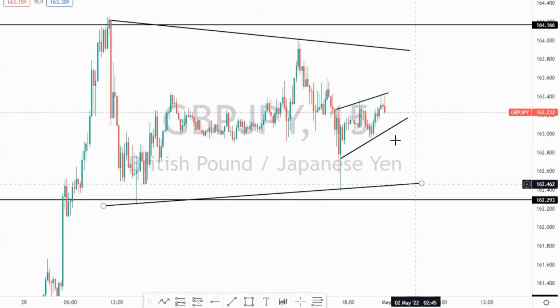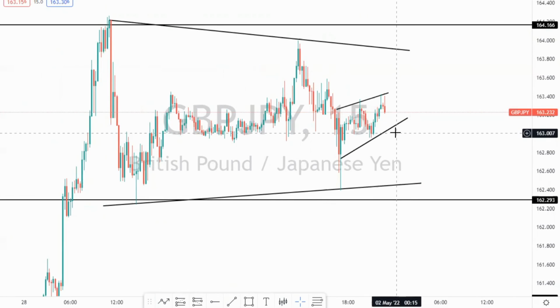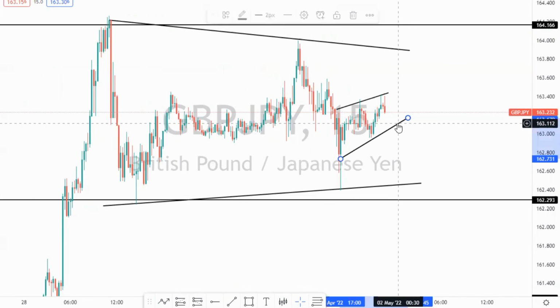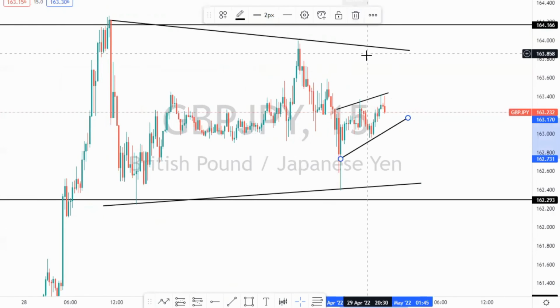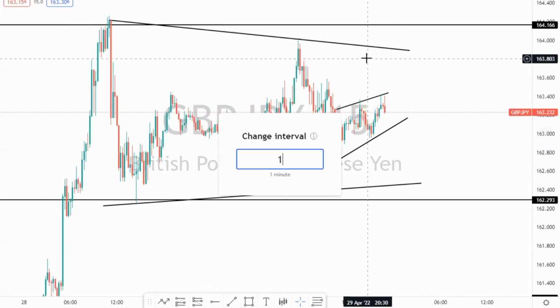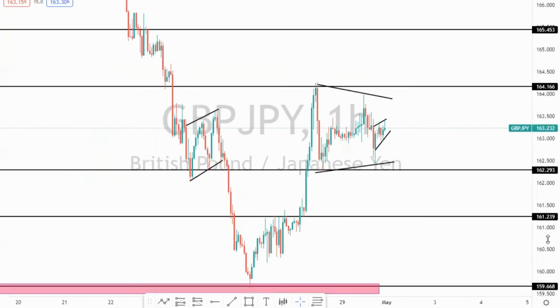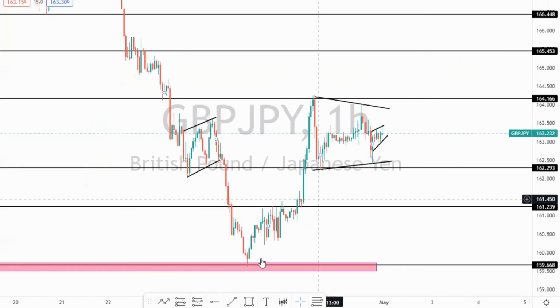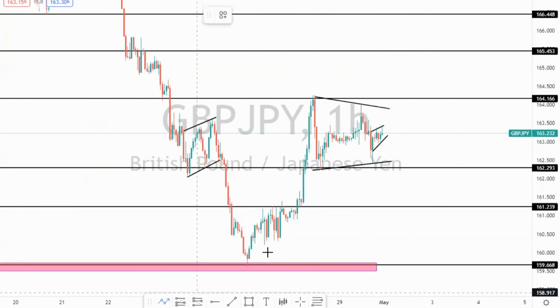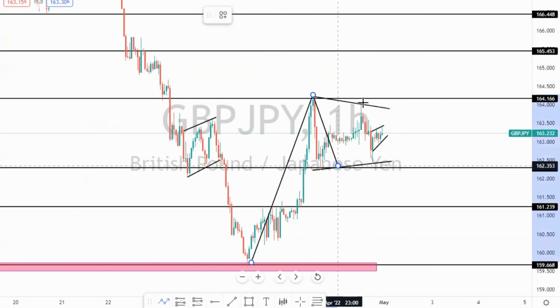So we could wait for this correction to mature, and once it matures, then we can start taking buying opportunities to the downside because we are going with the trend. So guys, if you could see on the 1 hour time frame, this was an impulse, right?